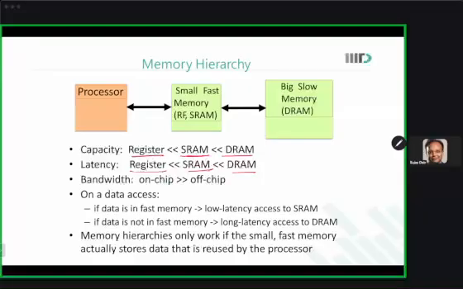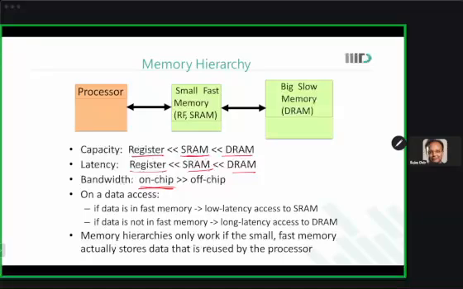As long as you are on chip, anything you are doing inside the chip is much more efficient compared to going off chip. Off chip means you are trying to access data from, let's say, your DRAM, or you are going to your hard drive, which is much slower.